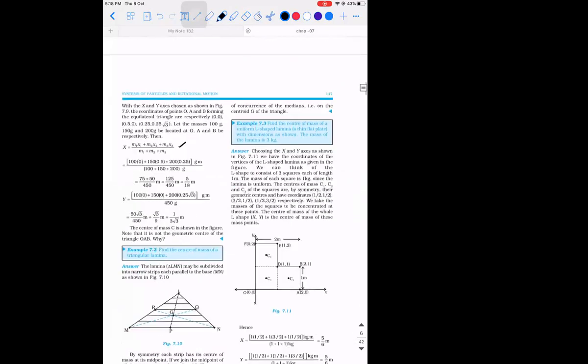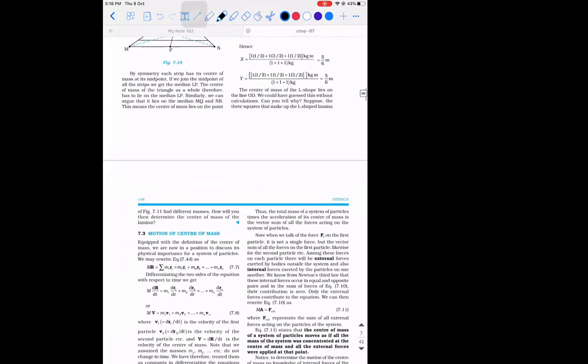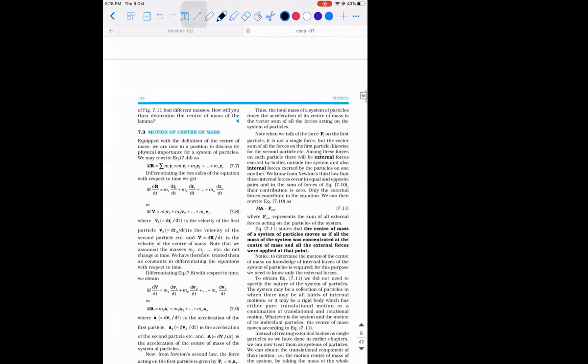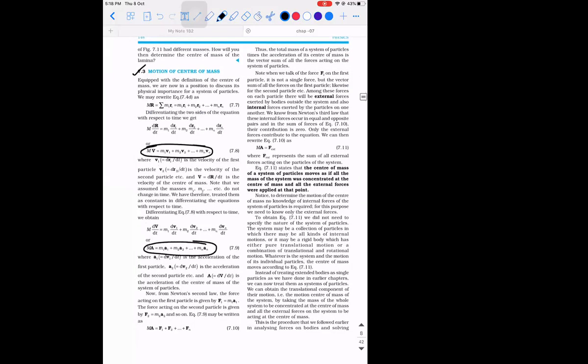Okay. Now see. Previously, whatever I discussed was motion of center of mass. So you're able to see this, right? This is what I previously discussed, which is also there in your textbook.